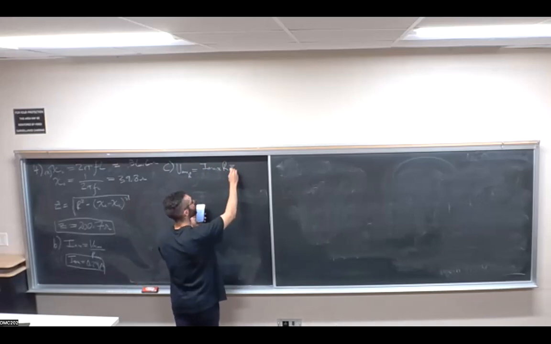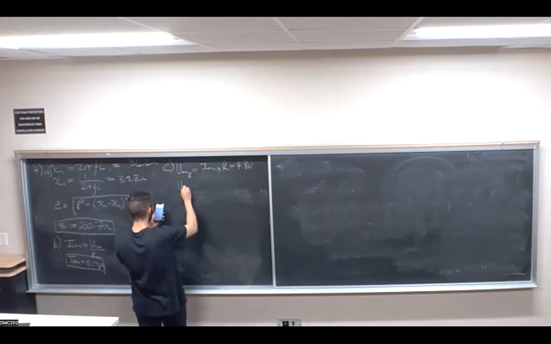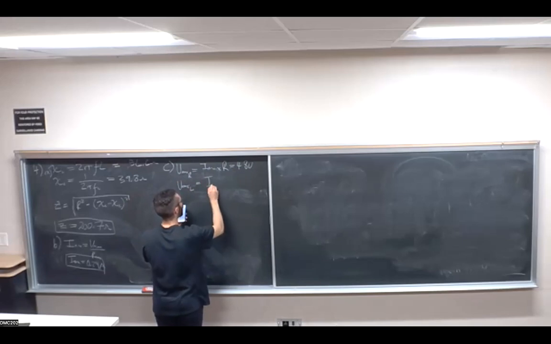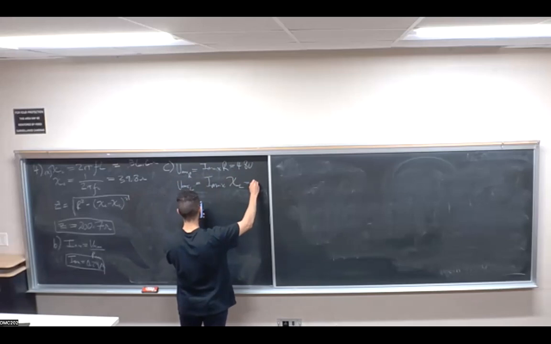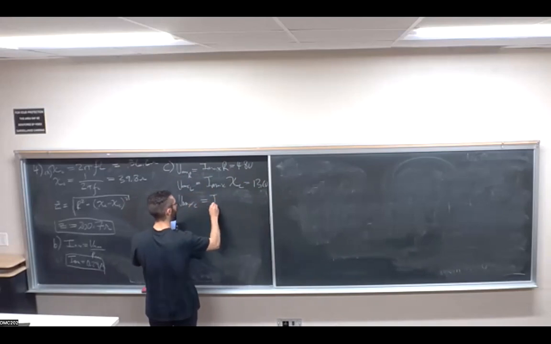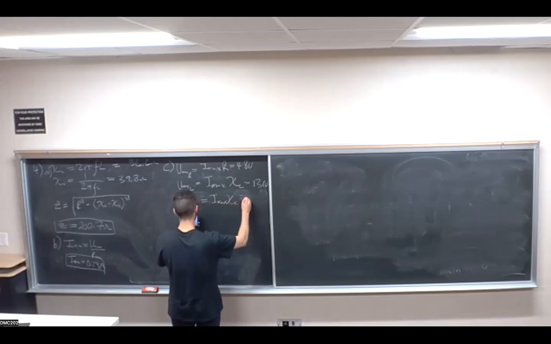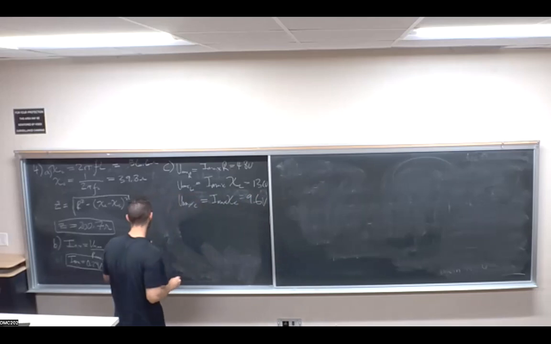R is given, and you can repeat the same process for each one. Vmax L is equal to Imax XL. Okay, and this is equal to 13.6 volts. Vmax C is equal to Imax XC. Okay, equal to 9.6 volts. Okay, so that's each one.